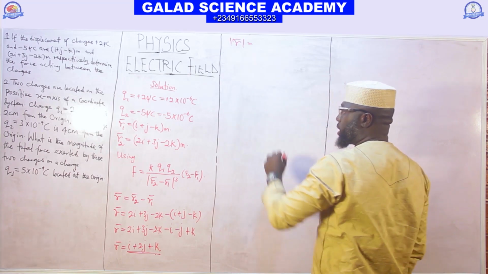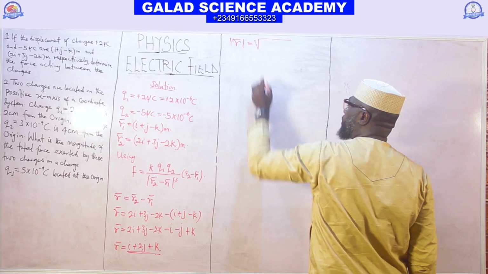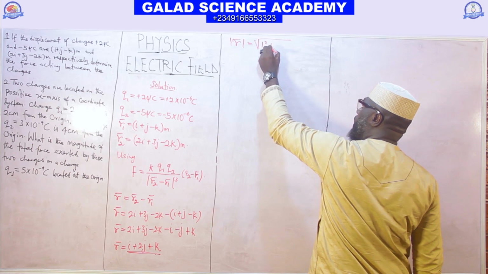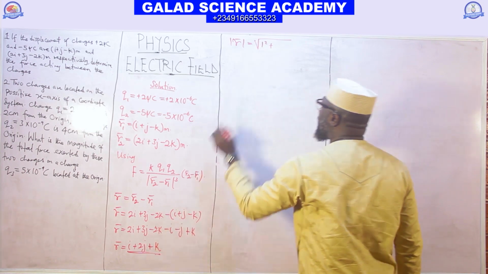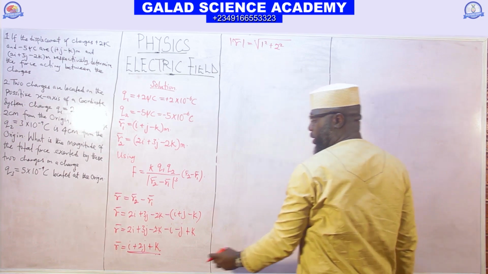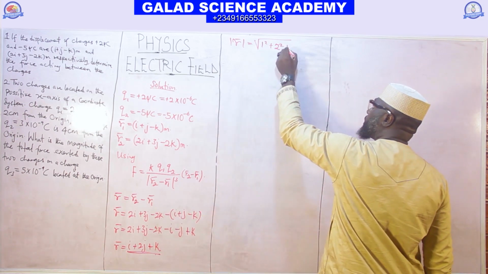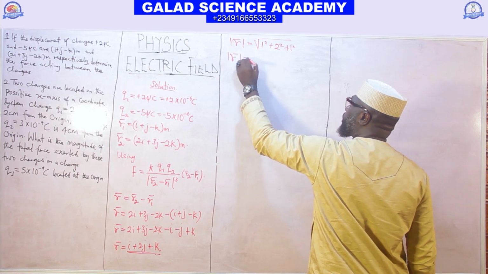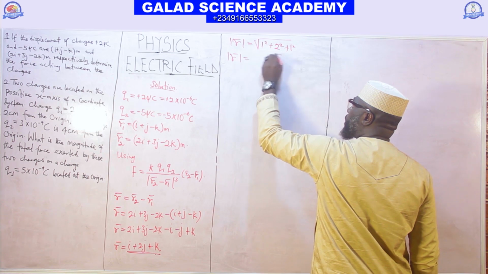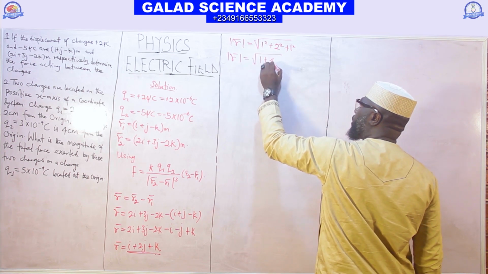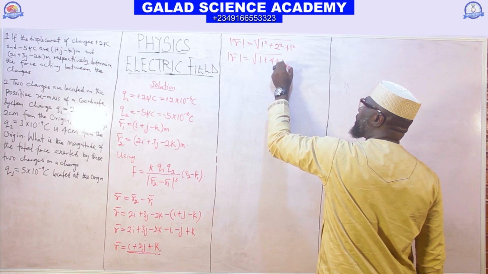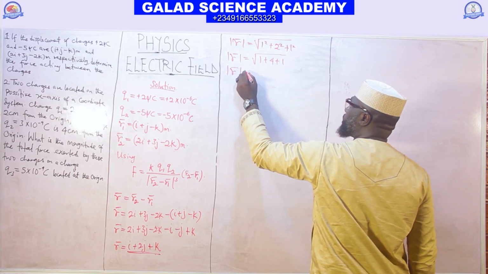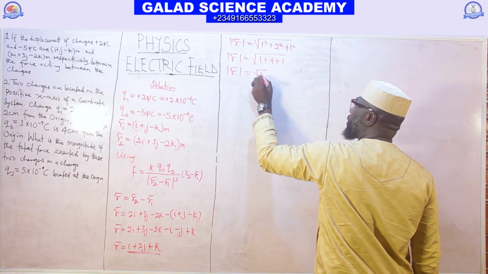It will be the square root of the coefficient of I, which is 1 squared, plus the coefficient of J, which is 2 squared, plus the coefficient of K, which is 1 squared. So the magnitude of the vector will be the square root of 1 plus 4 plus 1, which is the square root of 6.